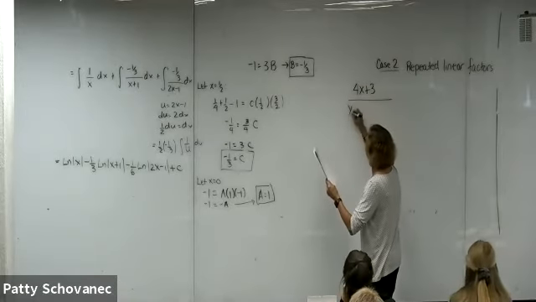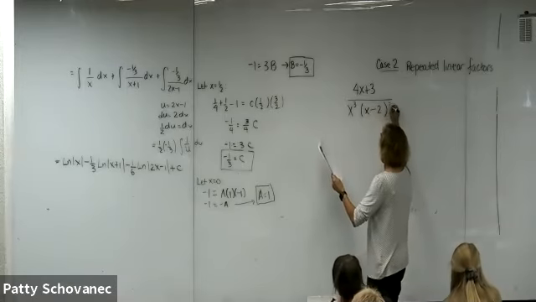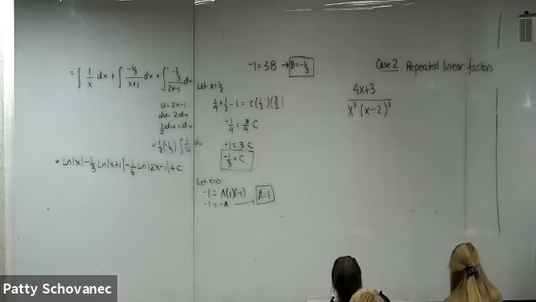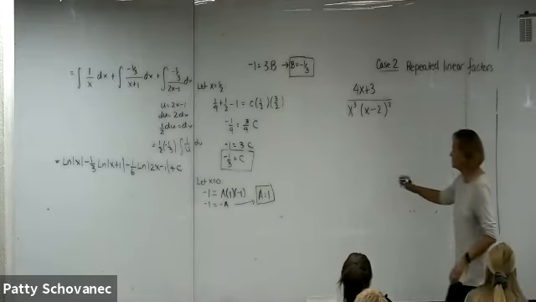Suppose I put an x cubed down here and an x minus 2 squared there. There are several ways I can add fractions together and get an x cubed in the denominator. I can add a something over x with a something over x squared with a something over x cubed. You agree that those have a common denominator of x cubed?